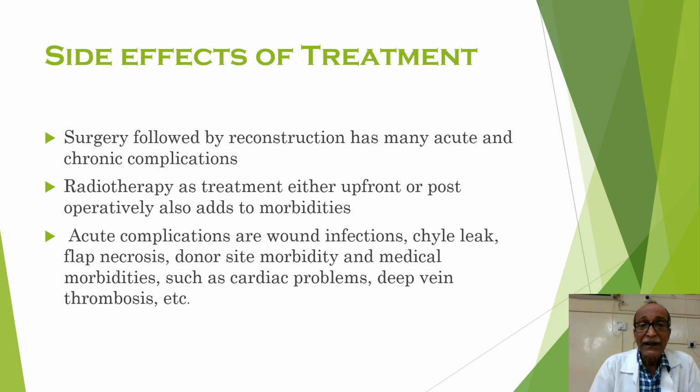Surgery followed by reconstruction has many acute and chronic complications. Similarly, radiotherapy as a treatment upfront or post-operative also causes morbidities. Acute complications include wound infection, chyle leak, flap necrosis, and donor site morbidity.